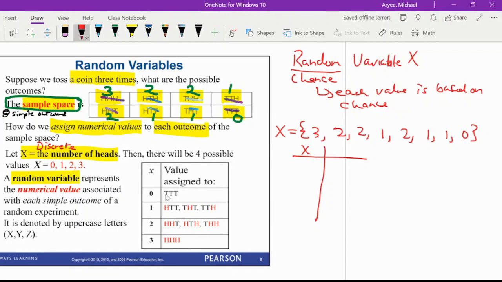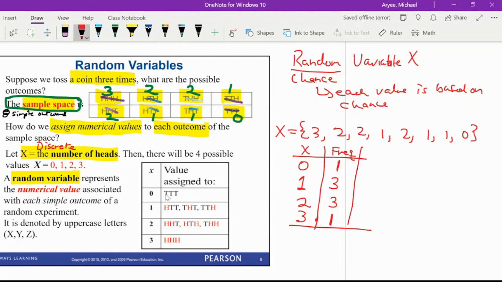Let's say X, which is my random variable, and the distinct values are 0, 1, 2, 3, and then I can say how many of each I have. That's where frequency comes in. I have only one 0, three 1s, three 2s, and only one 3.